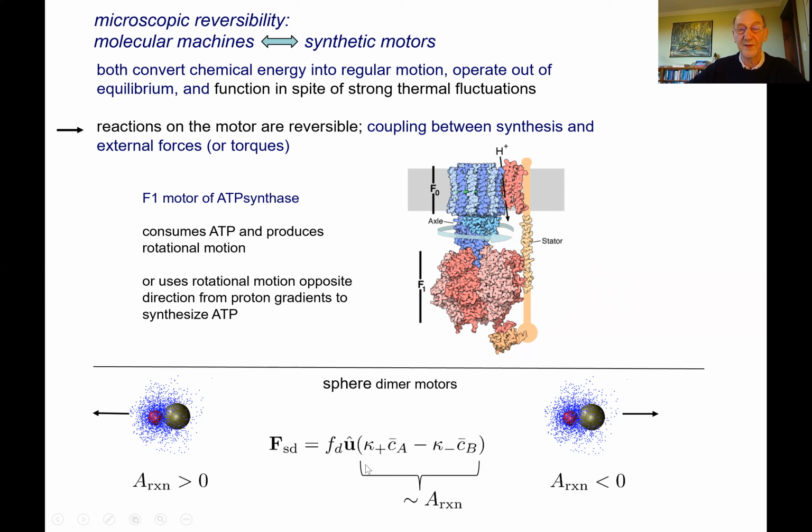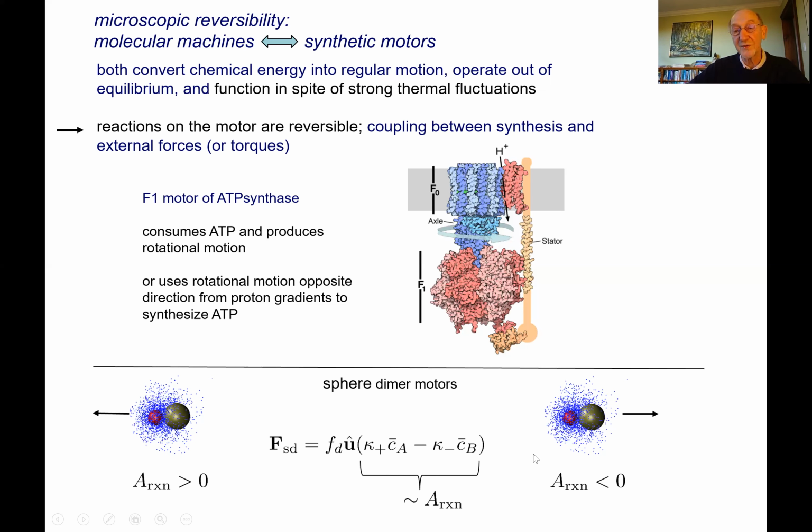one feature of the expression for the diffusiophoretic force. And that is that its sign depends on the forward and reverse terms in this expression involving the reservoir concentrations. So if k+ Ca-bar is larger than k- Cb-bar, I have a positive affinity. That means the motor moves in a forward direction.